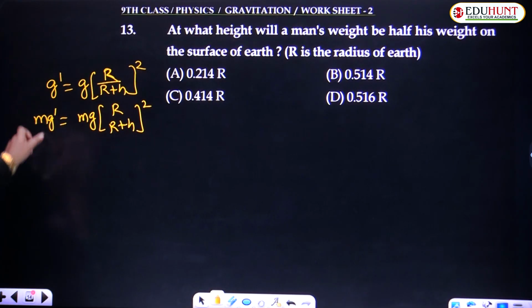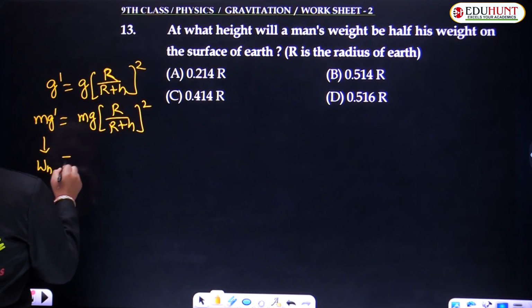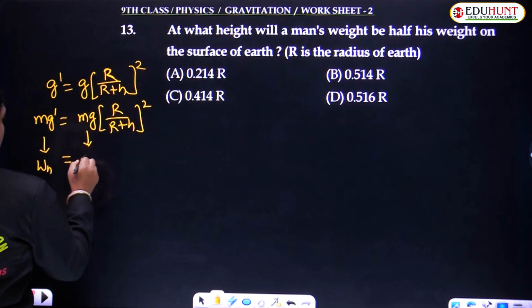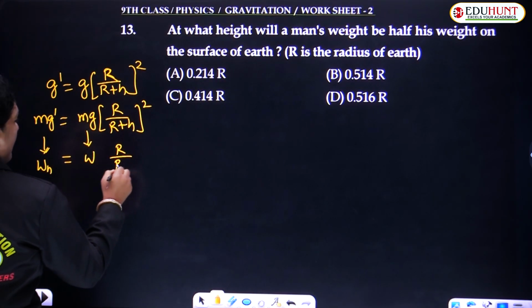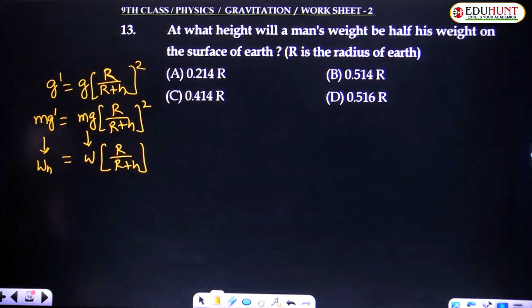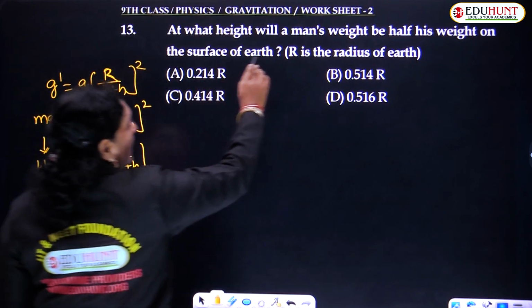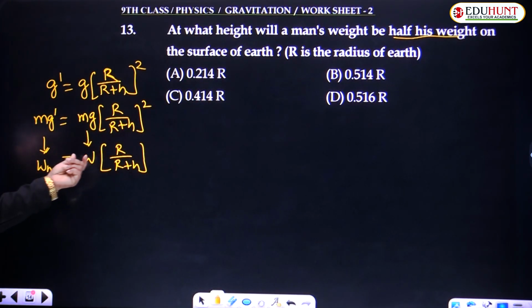This is the weight at a height H, W_H I consider, and this is the weight at the surface of the earth, W I consider, times (R by R plus H) whole square. That's it. But what is the height given? At what height will a man's weight be half of his weight on the surface?